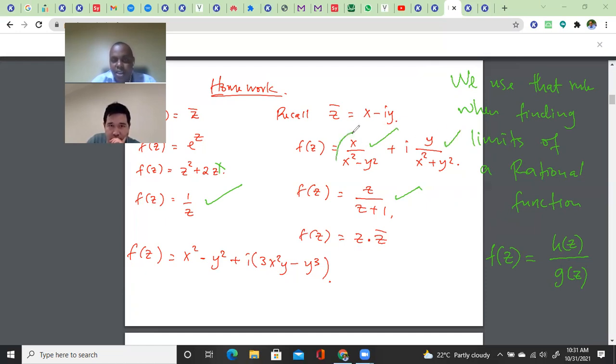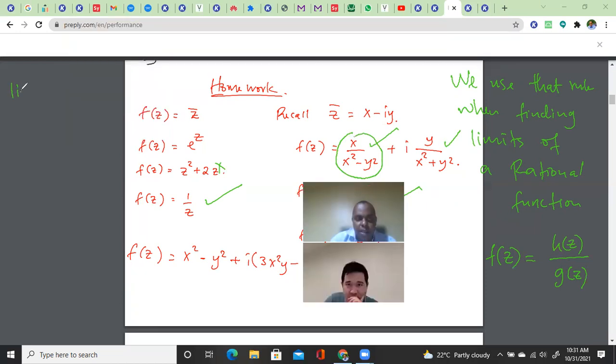So let's say you want to talk about this rational function, the limit of x over x squared minus y squared. You see, this is a rational function. Let me not use y squared. Let me use a number like 5.